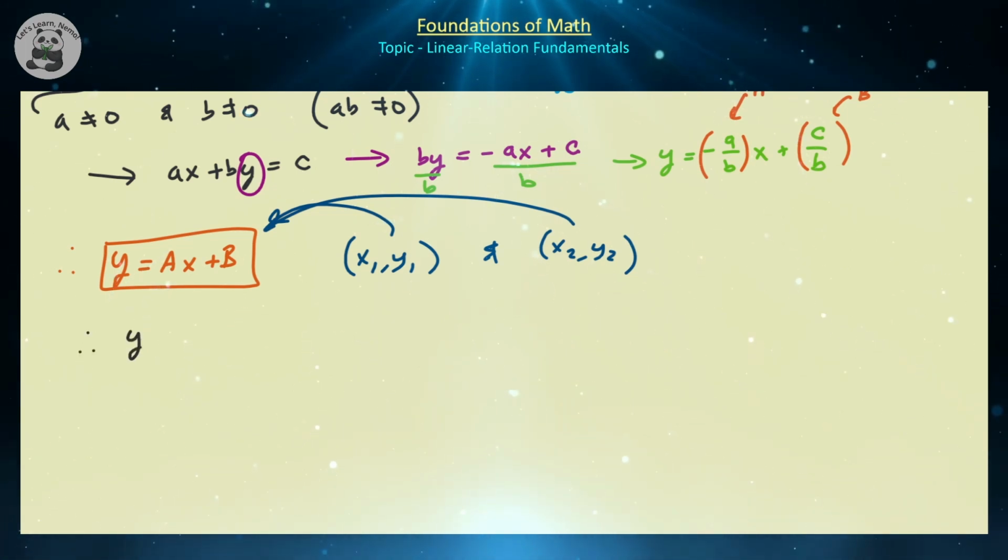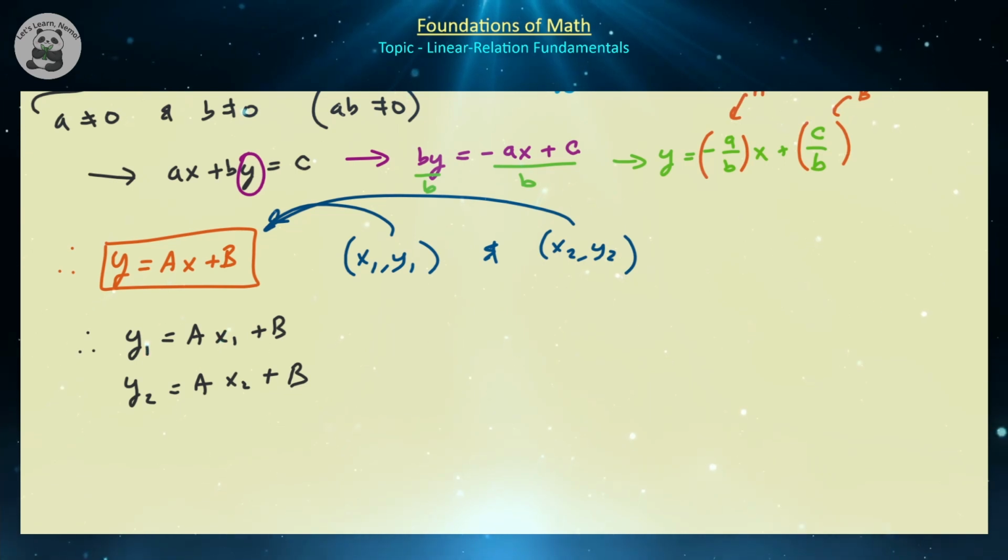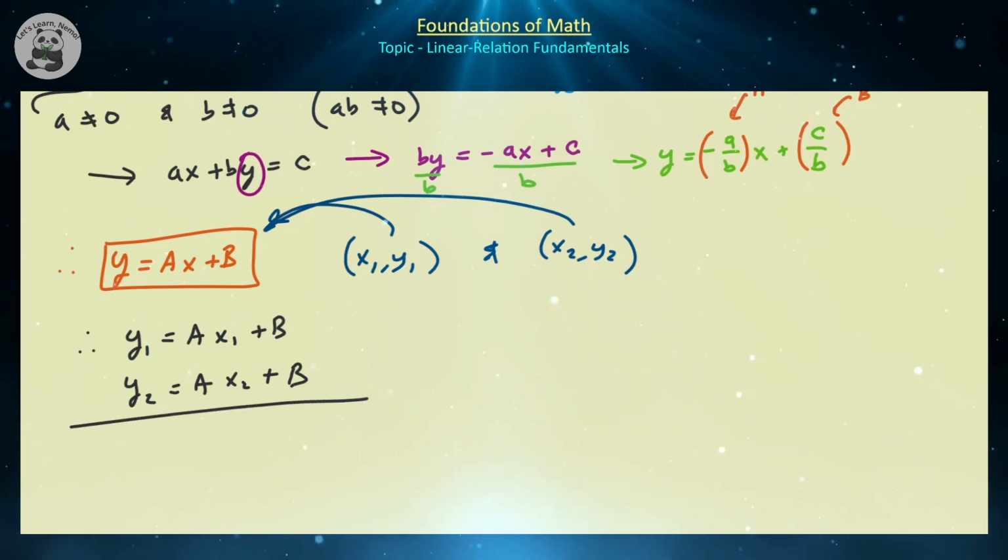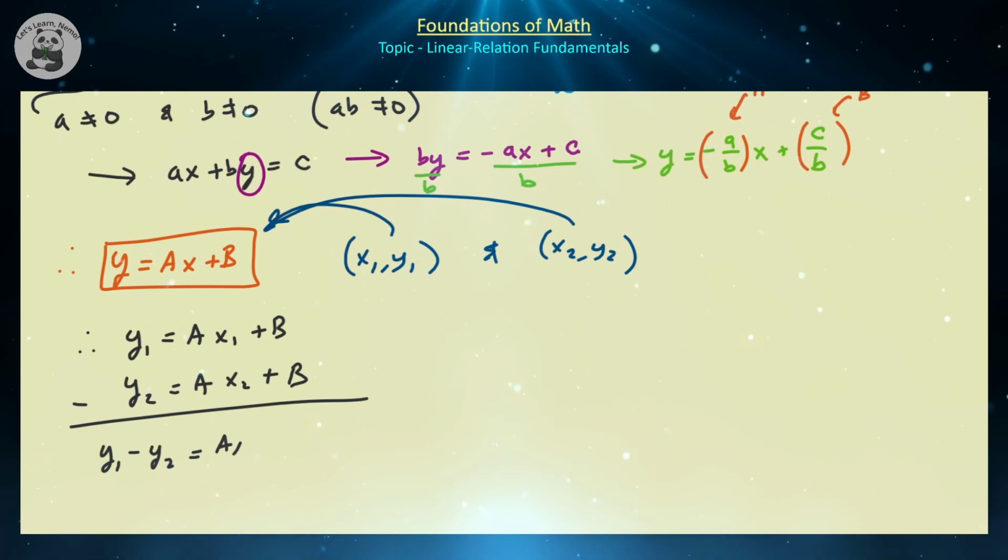That means that y1 must be equal to a times x1 plus b, and also y2 is going to be equal to a times x2 plus b. So since both of these are going to be true, I can also subtract these equations and I'm also going to get a true relation. In particular, y1 minus y2 is going to be equal to ax1 minus ax2 plus b minus b.